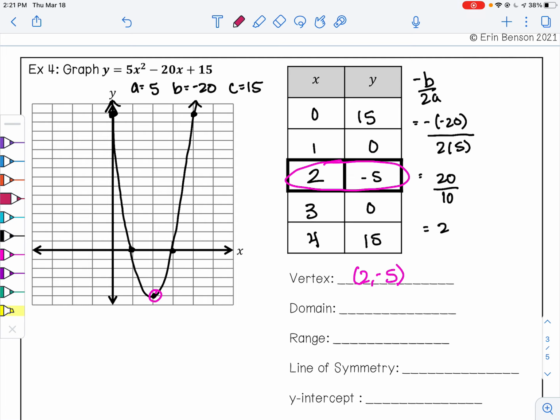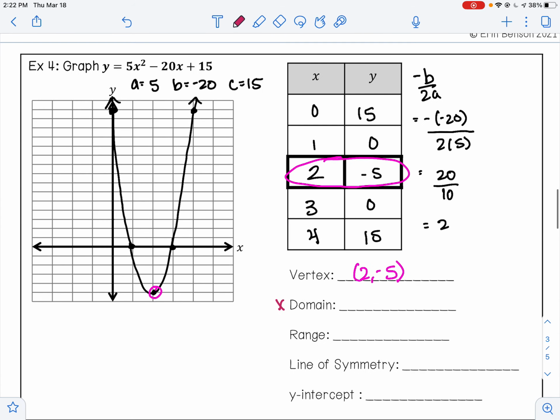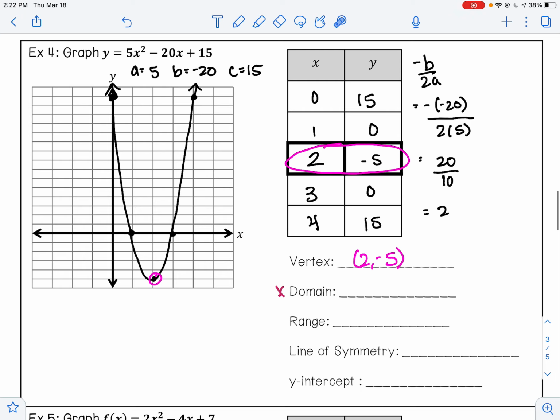The domain is my x values from left to right. My graph is going to the left forever, so that's going to negative infinity. My graph is going to the right forever, so that's going to positive infinity. So my domain is from negative infinity to positive infinity, which is the same thing as all real numbers.